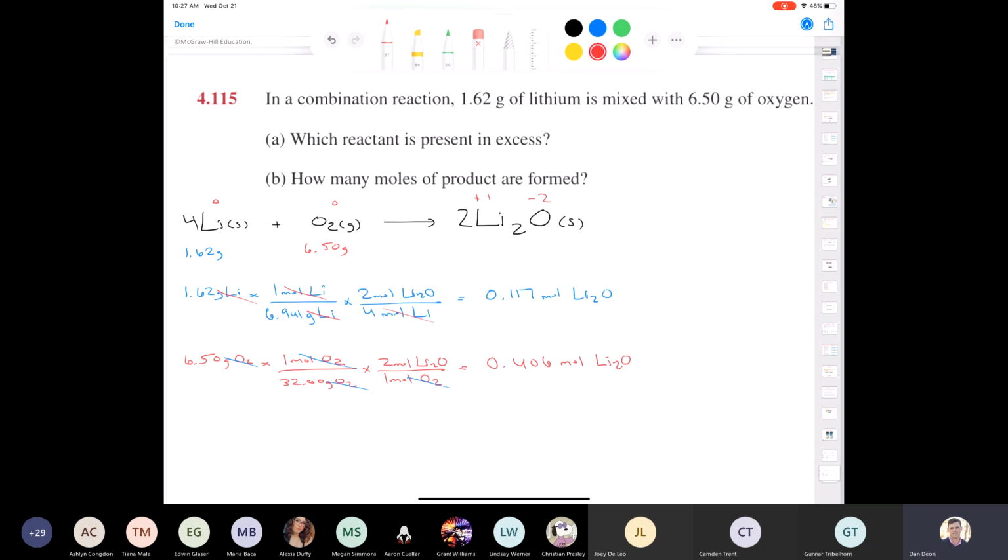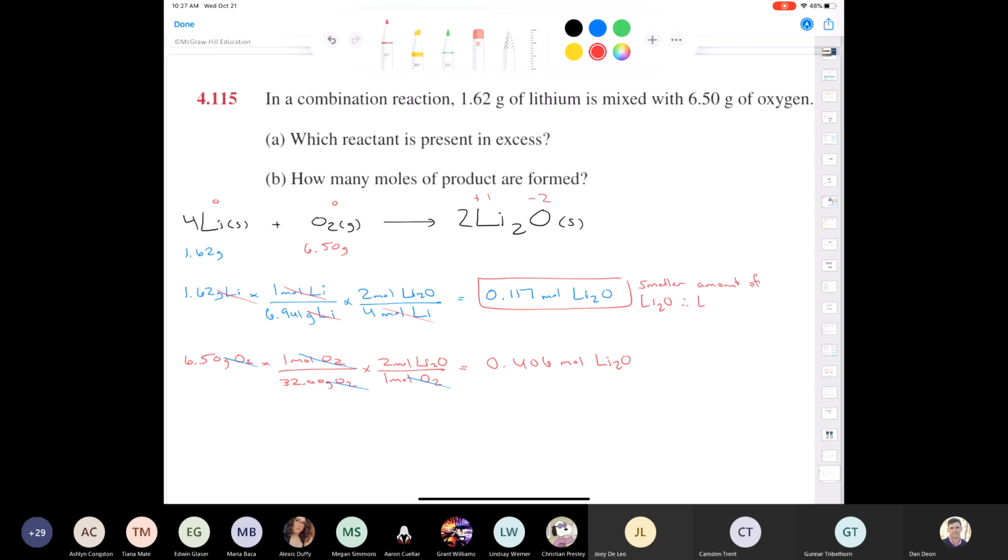So who could tell me what is the limiting reactant? Not which one is in excess, which one is the limiting reactant? Lithium or oxygen? Yes. The lithium is the limiting reactant, right? Smaller amount of lithium oxide.